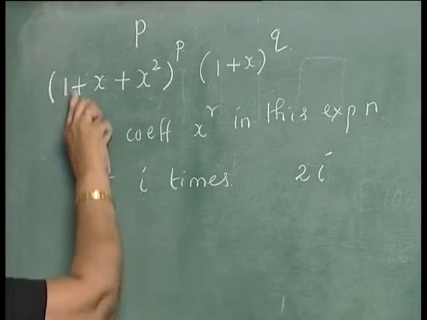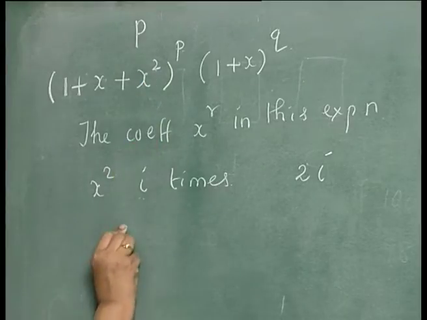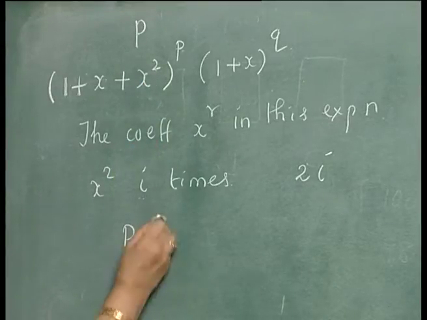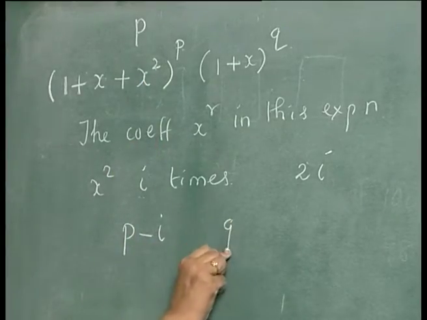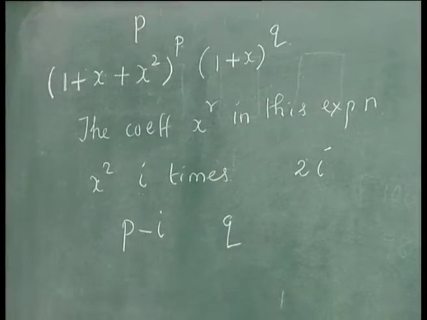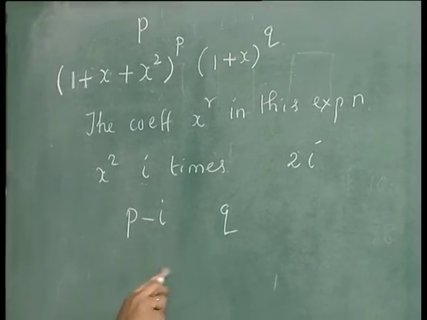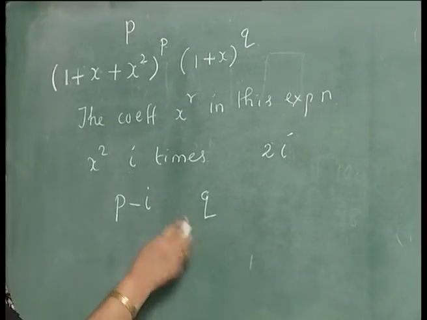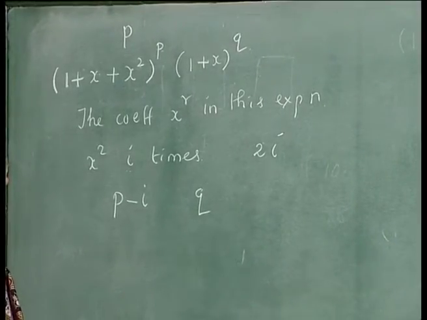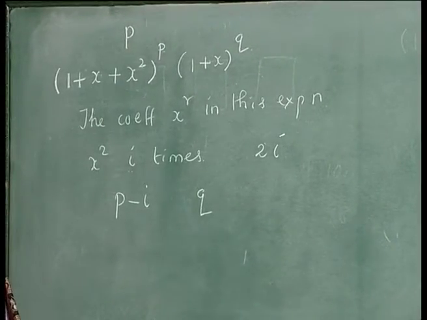Then how many factors will be remaining here? There will be p minus i factors remaining here, and already there are q factors. Out of these factors and these factors, you have to select the remaining coefficient x power r. This is the remaining coefficient you have to choose.